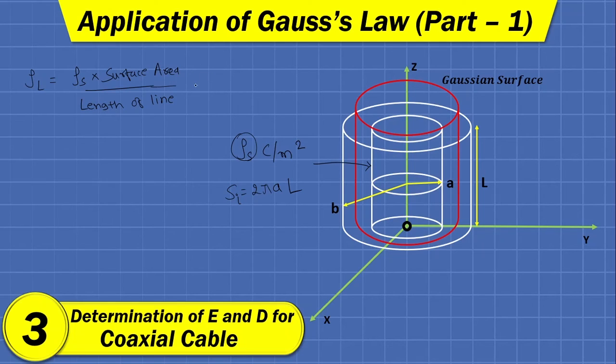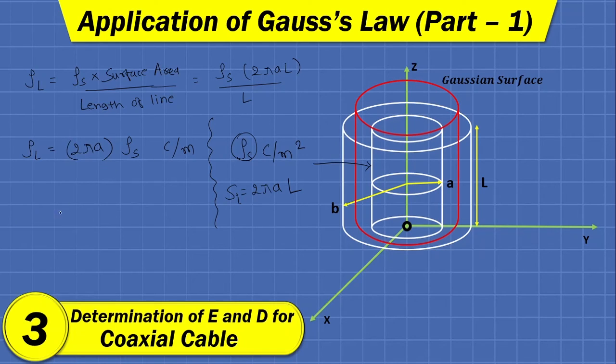Fine, that is why. So rho s into surface area, which is 2 pi A into L, divided by length of line, which is nothing but capital L. So we can write rho L equals 2 pi A, which is nothing but the circumference of the inner cylinder, times rho s coulomb per meter. Okay, so we have converted the surface charge density into line charge density with appropriate assumptions.